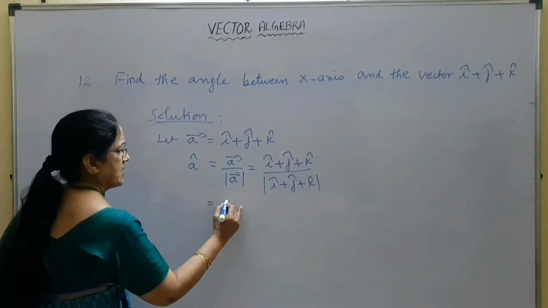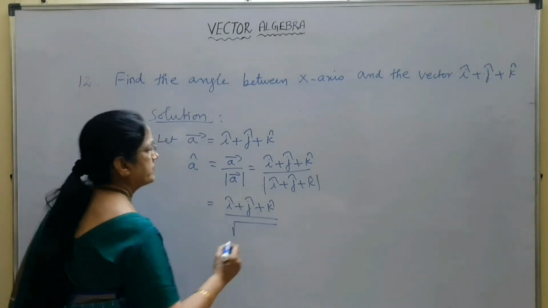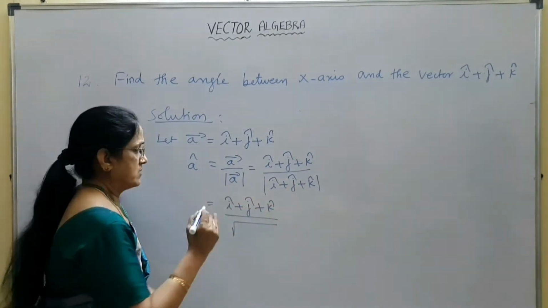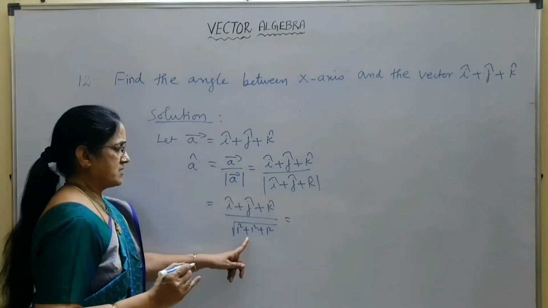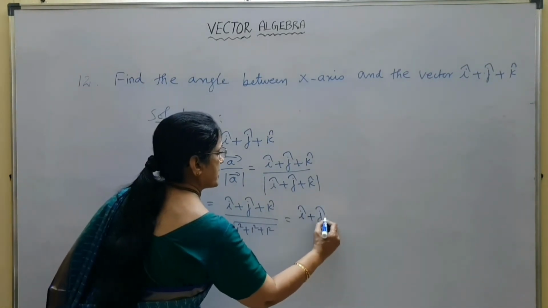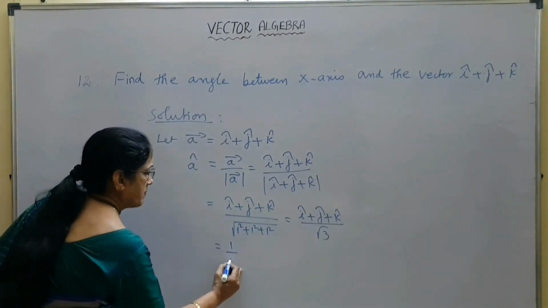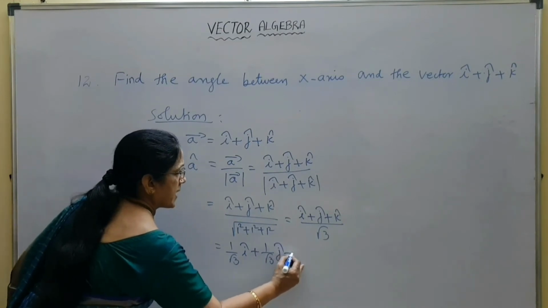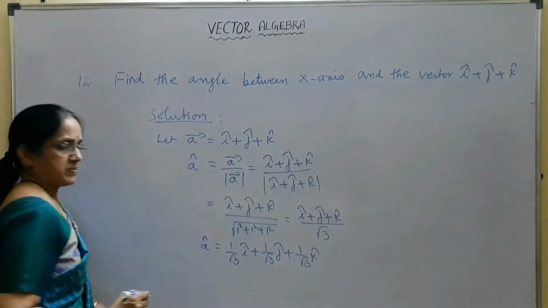This is nothing but i cap plus j cap plus k cap by square root of, the coefficient of i cap is 1, j cap is 1 and k cap is 1. So you'll have 1 square plus 1 square plus 1 square, which is nothing but root 3. So I'll get i cap plus j cap plus k cap by root 3, that is 1 by root 3 i cap plus 1 by root 3 j cap plus 1 by root 3 k cap. So this will be A cap.